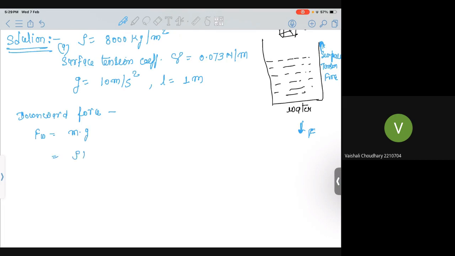M is nothing but rho L cube, times g. If we put the values of rho, L and g, we'll have a downward force of 80,000 newtons. Okay.